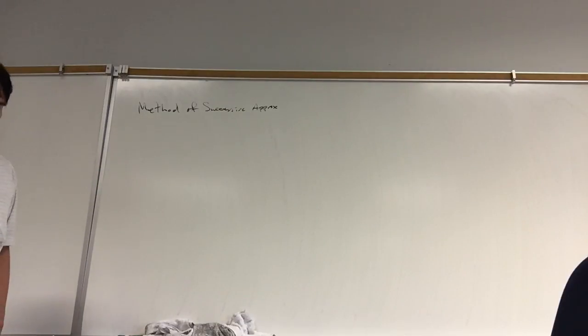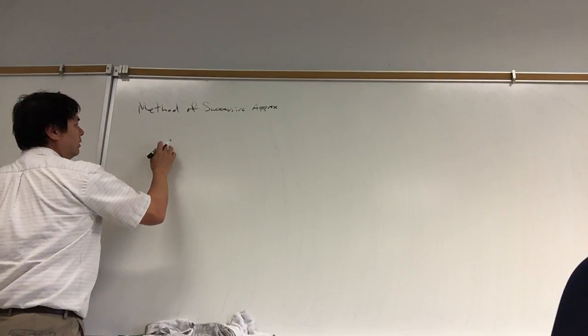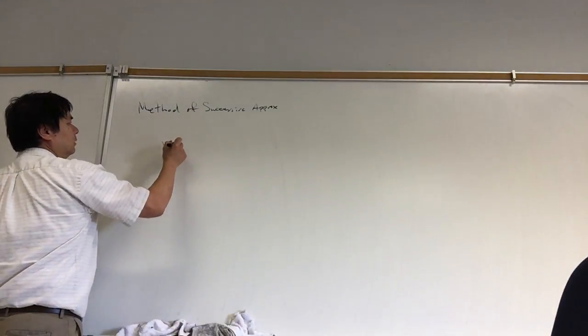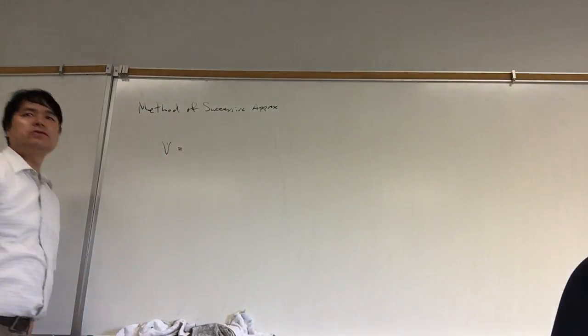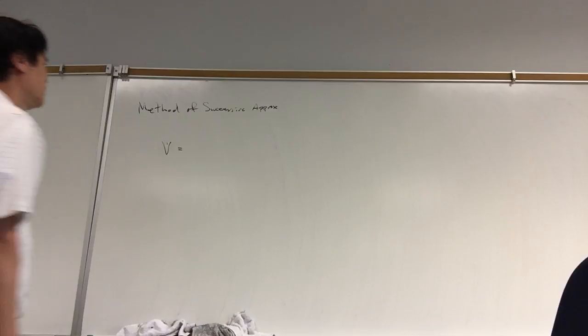And what we had was a volume. What was the volume? Did we use 1 bar or did we use 1 atmosphere? I think we used 1 atmosphere, right? Atmosphere.